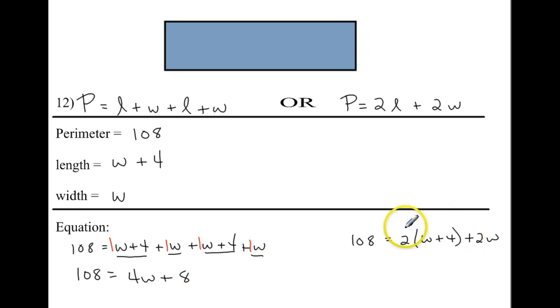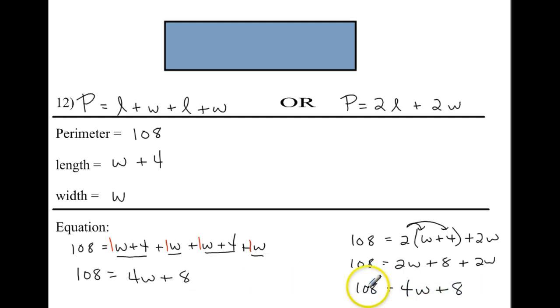Had I done it this way, I would be distributing. And then I would be combining like terms. You can see it doesn't really matter. You're going to end up in the same place. This should give you a good start. Again, you need to find the length to completely answer this question. So go through, find your answer, make sure that your answer makes sense, and do a quick check. Thanks, guys.